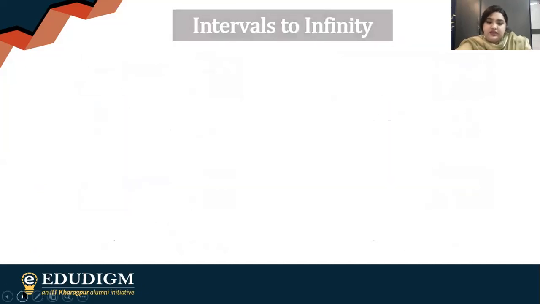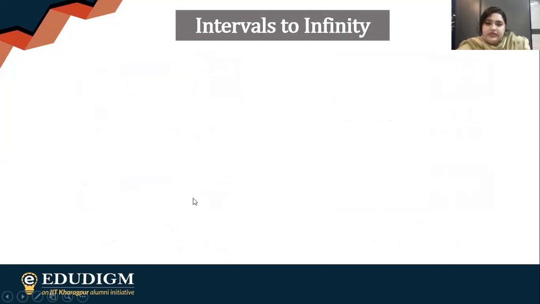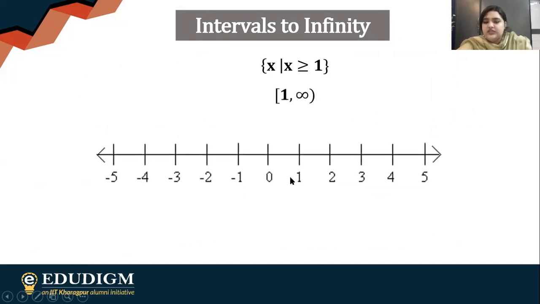Now here's one thing which is very important, which is intervals to infinity. Till now we have been talking about numbers lying between two finite numbers like 1 and 2 or maybe 0 and 3, etc. But we can have intervals to infinity as well. Let's get started with a very basic inequality. x is greater than or equal to 1. If you think about the number line, you can start from 1 and just go to the right as many times as you want to.